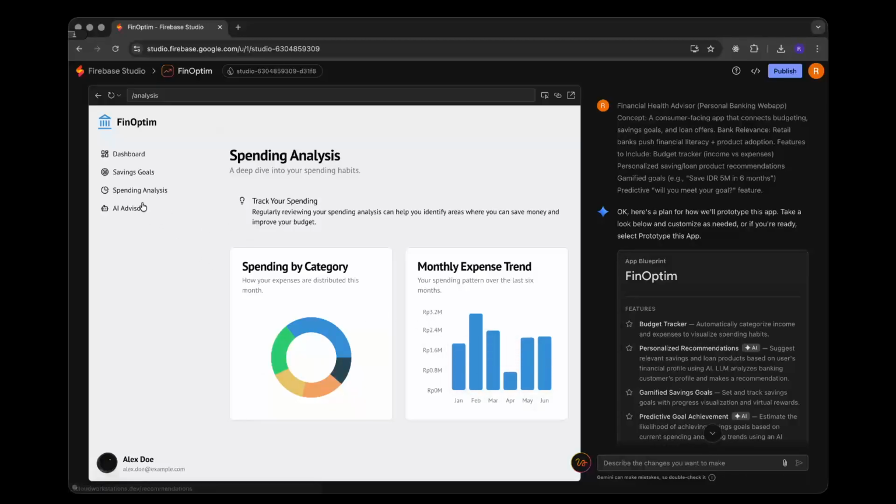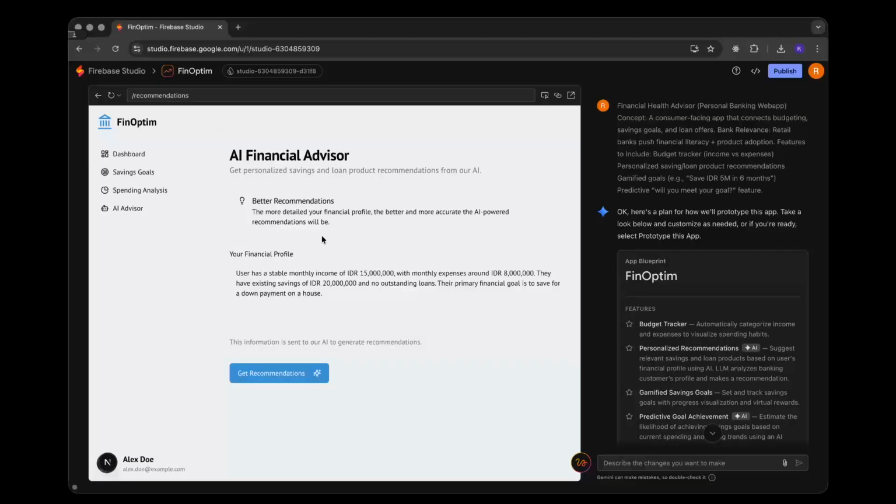And finally, the last feature is an AI advisor. With this AI advisor, the user is able to sort of consult with this AI. And I'll just use this example for the sake of this preview.